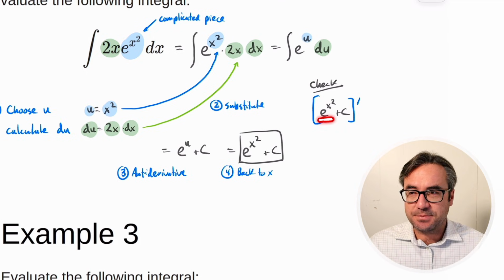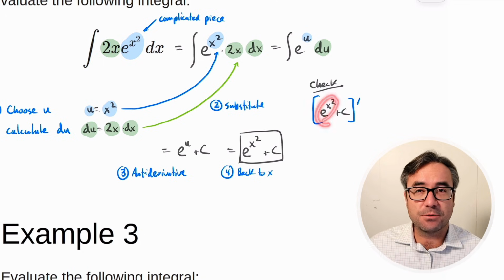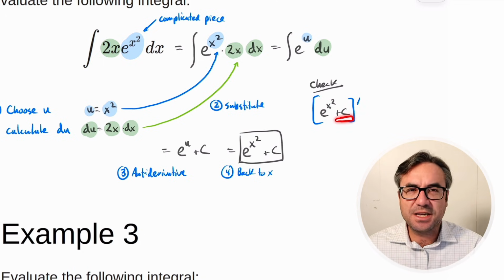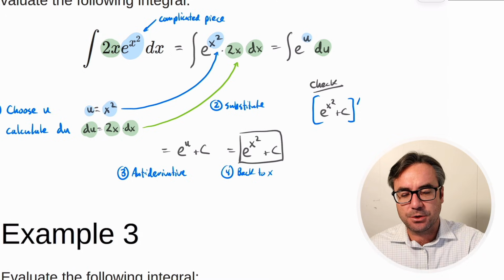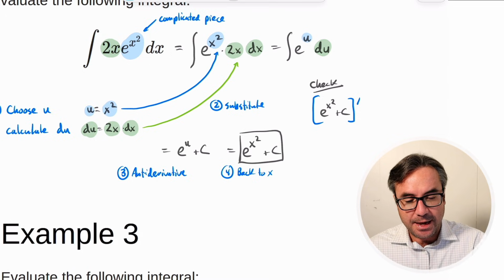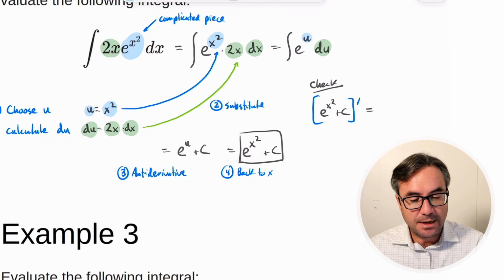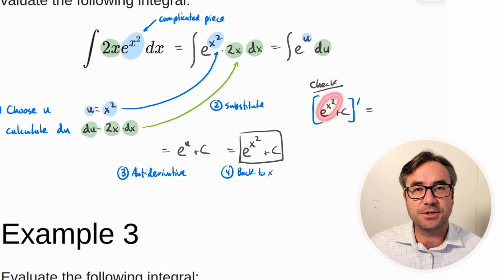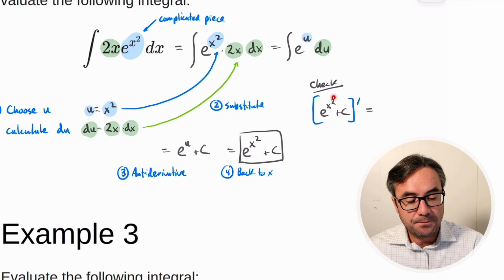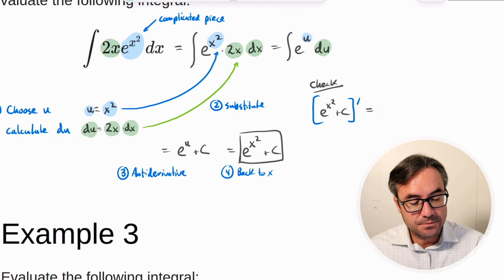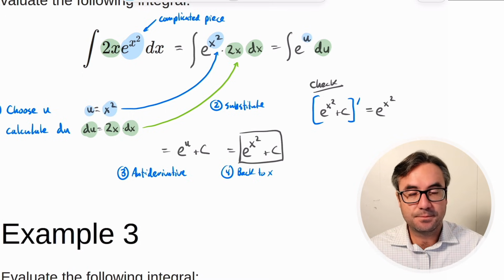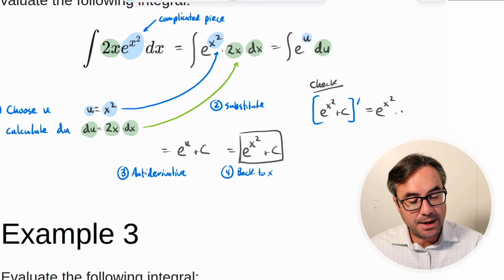We see a general exponential function, so we're going to have to use our general exponential rule. Differentiating c, that's just going to be 0, so we don't have to worry about that. And how does differentiating a general exponential function like this work? Well, the exponential part stays the same, and then we multiply by the derivative of the exponent.